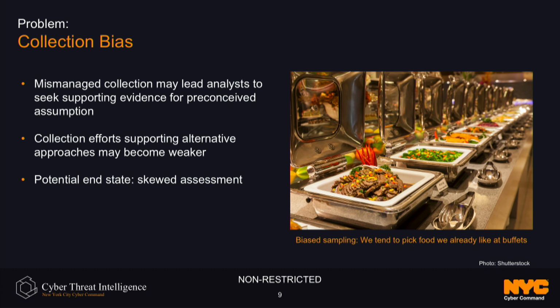You don't like beef or chicken. All these dishes are presented to you, but more often than not, you're just going to choose the dishes that are to your taste. It's the same thing with collection. When an analyst is given an insurmountable amount of information, they tend to pick things that go along with their own preconceived assumptions. So we have to be very careful about that. The potential end state: skewed assessments, or missed critical evidence.